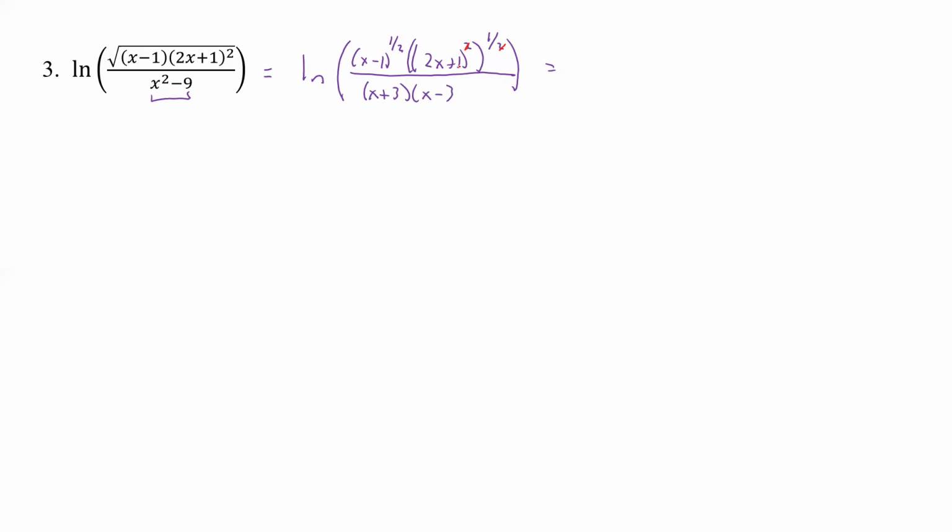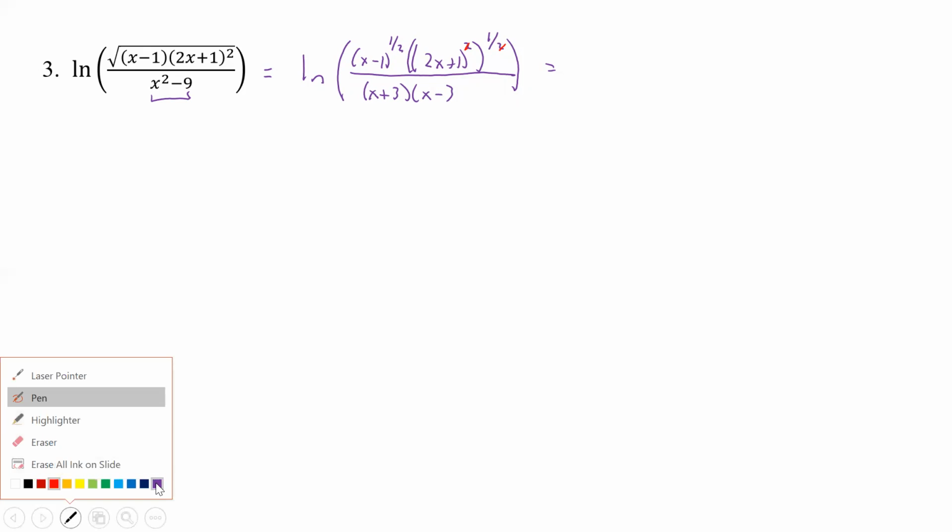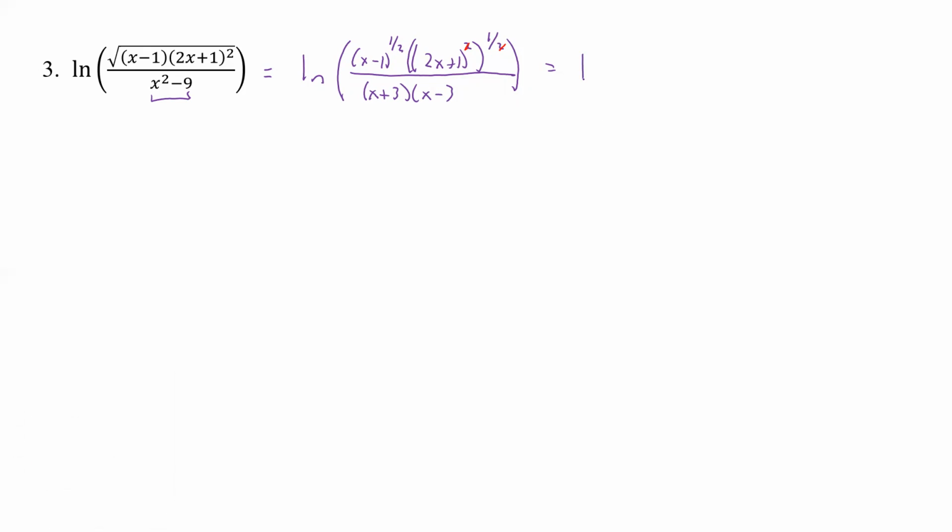And so I just have 2x plus 1 to the 1, which is just 2x plus 1. So now if I simplify, I'm going to make it all in one thing. And I have x minus 1 to the 1/2, and then times 2x plus 1 all over x plus 3, x minus 3. And I forgot the parentheses there.